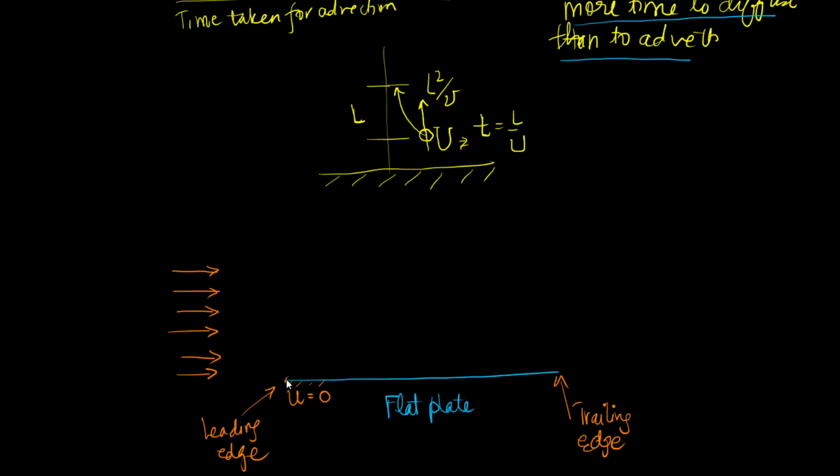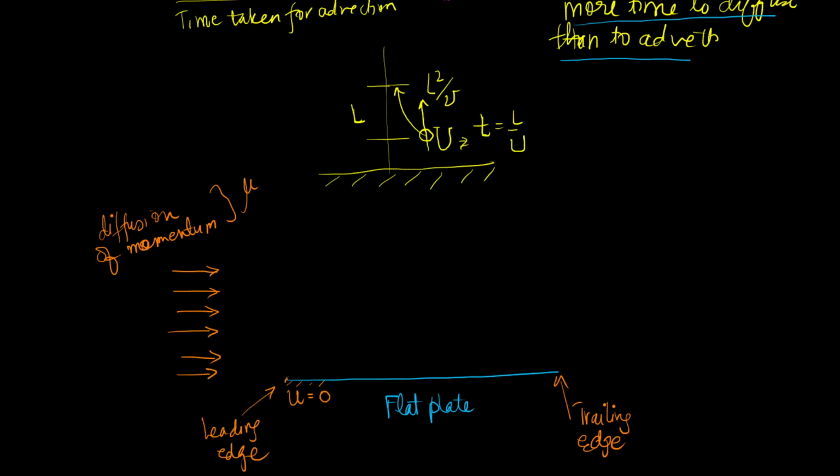Immediately at the leading edge, only the first layer of fluid in contact with the plate will feel the effect of the flat plate, and that feeling is due to the diffusion of momentum. The mechanism responsible for the diffusion of momentum is the viscosity.